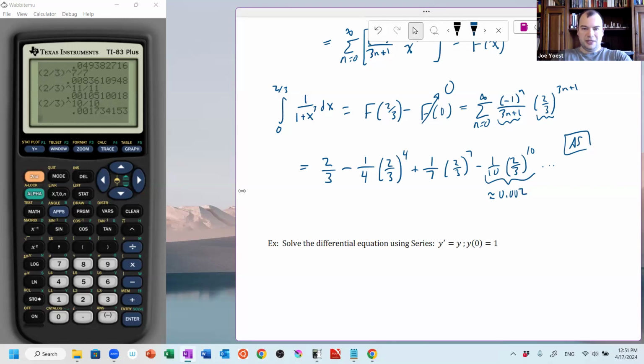That definitely gets me 2 decimal places of accuracy. So what's my estimate then? It's going to be 2/3. I'm just not having good luck with typing things into the calculator. So 2/3 minus 0.25 times 2/3 to the fourth plus 1/7 times 2/3 to the seventh.